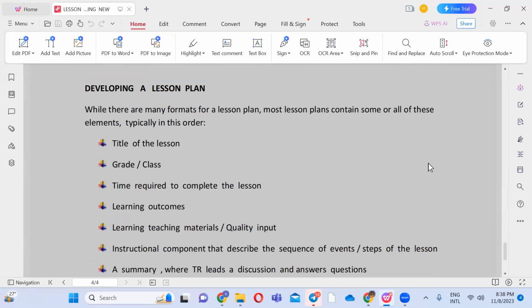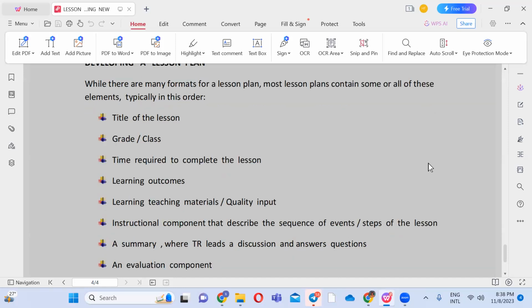We have to develop our own feasible, systematic lesson plan. So I will introduce one lesson plan. There can be different formats of a lesson plan, but whatever the format is, it doesn't matter. The components should be the same, more or less.